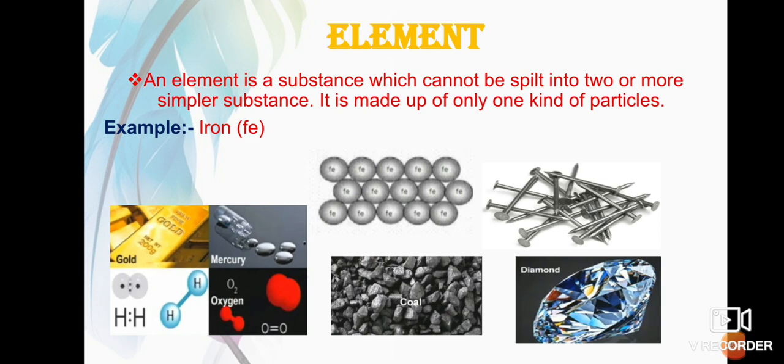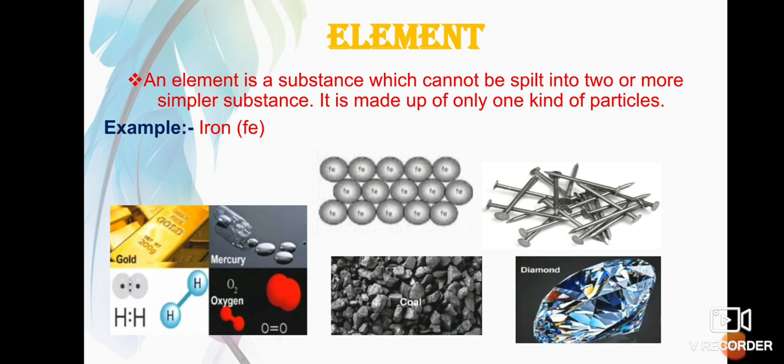Like this, gold, which is in solid state, is made by only one element, like mercury, which is in liquid state, and hydrogen and oxygen, which are in gaseous state. Okay, if you look at the carbon picture, see, coal. Coal is a substance which is made by carbon.